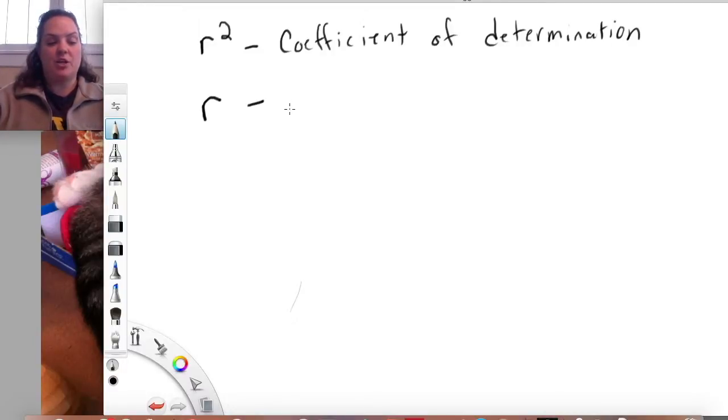And this is actually called the correlation coefficient. Okay, so we're going to be focusing on R, the correlation coefficient.